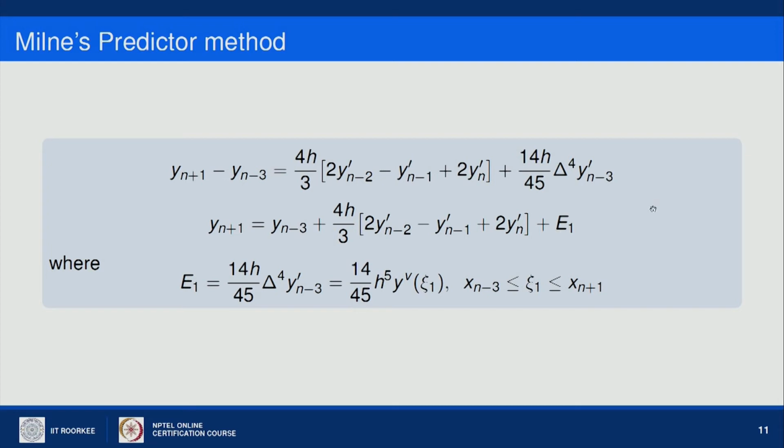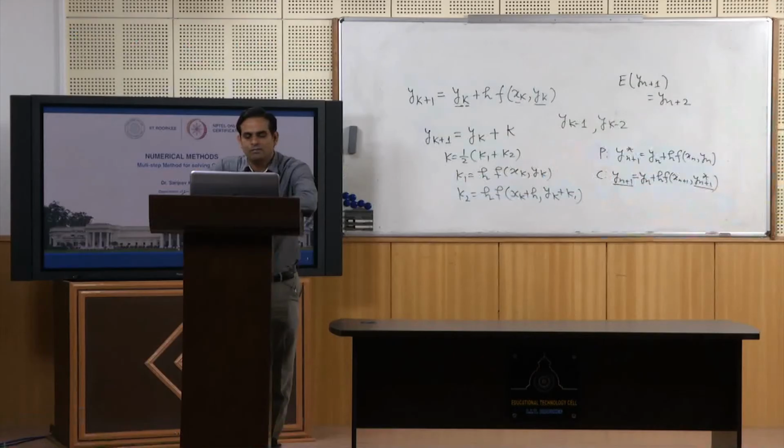This is given by the expression 14h upon 45 del 4 of y prime n minus 3, and I can say it is of order h5. That is, by the Taylor series, 14h raised to power 5 upon 45 into the fifth order derivative of y at some point xi1, where this point xi1 exists in the interval xn minus 3 to xn plus 1.